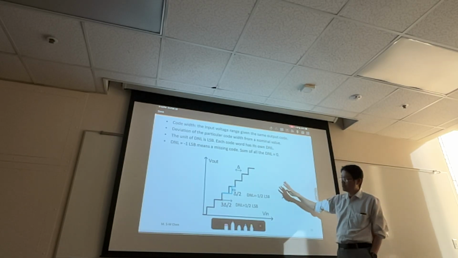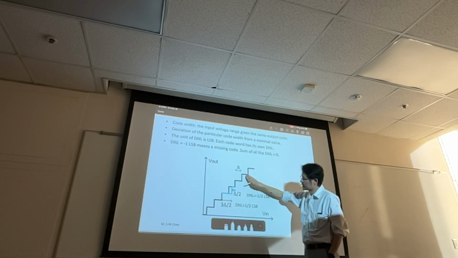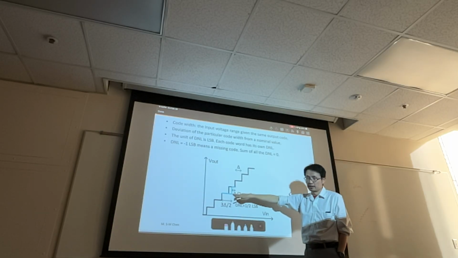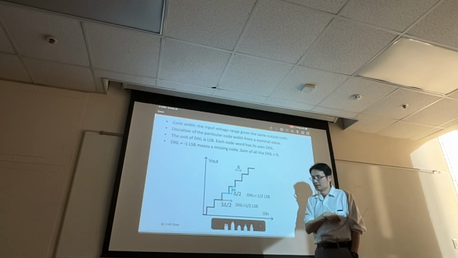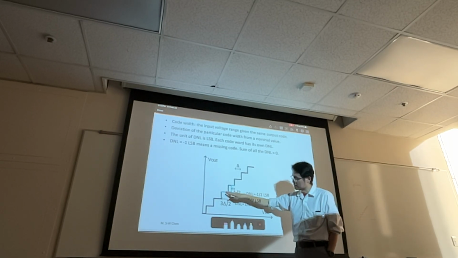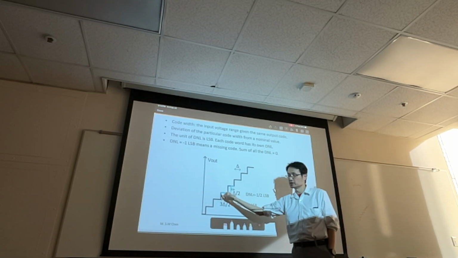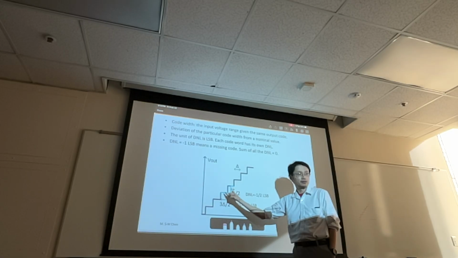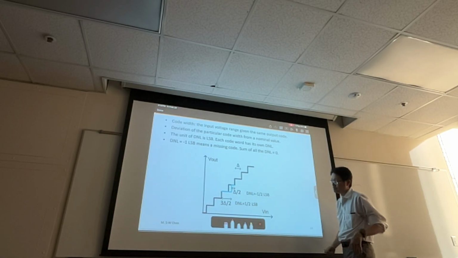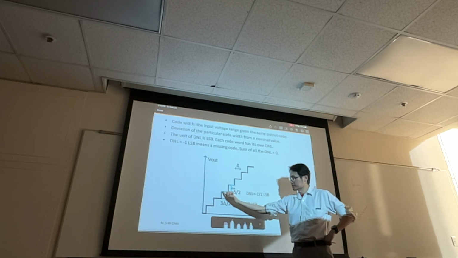Okay, so in this case, as you can see, the black is the ideal transfer function. The blue is the actual transfer function. So let's say the ADC that we built happened to have, in this quantization step, a longer step right there, and then here is a shorter step. Okay, so you look at this actual step size.